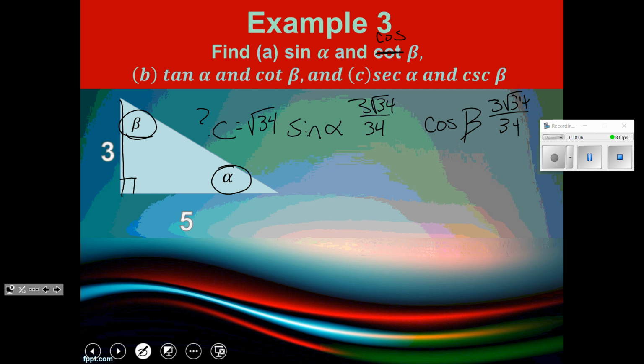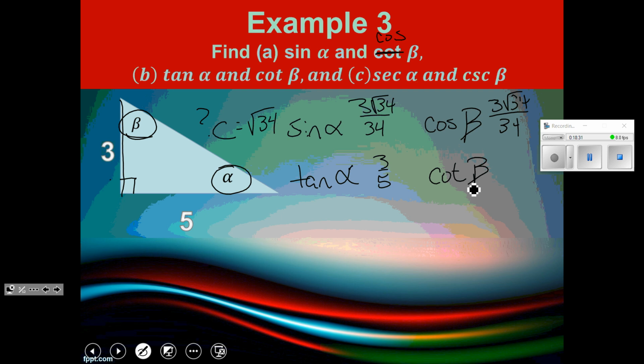Okay? So let's look at the tangent of alpha. Tangent is known as opposite over adjacent. What's the opposite? 3 over 5. Okay, so let's look at the cotangent of beta.